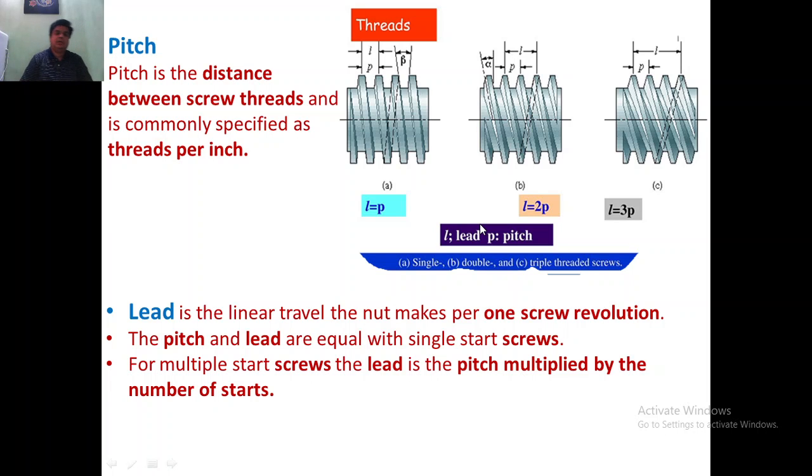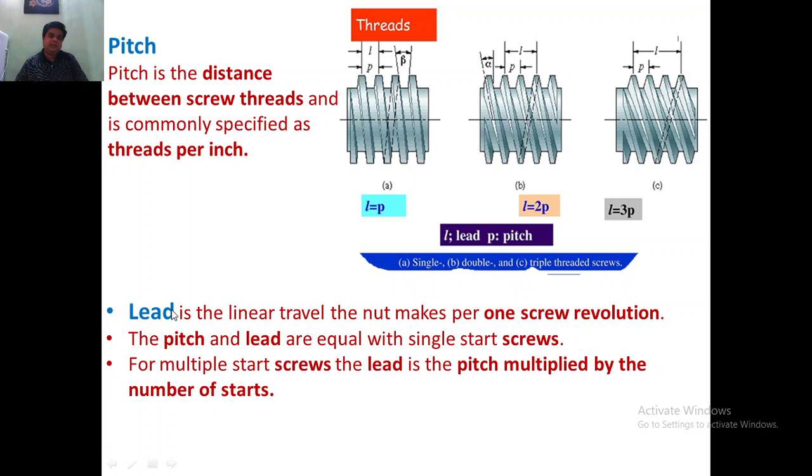Coming to threads, you might have learnt in the previous sessions about the thread parameters. One important parameter of threads is the pitch and the lead. Pitch is nothing but the distance between two threads: if you take a point on one thread, the distance from that point to the corresponding point on the next thread is called the pitch. Here small p is taken as the pitch.